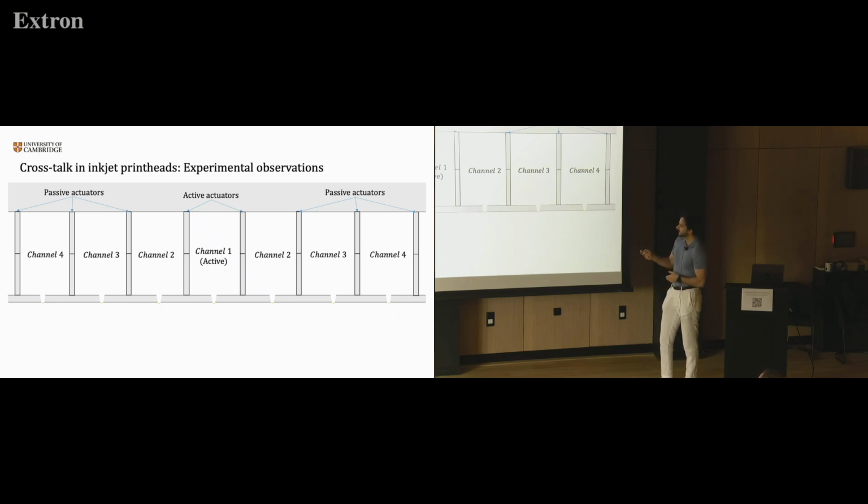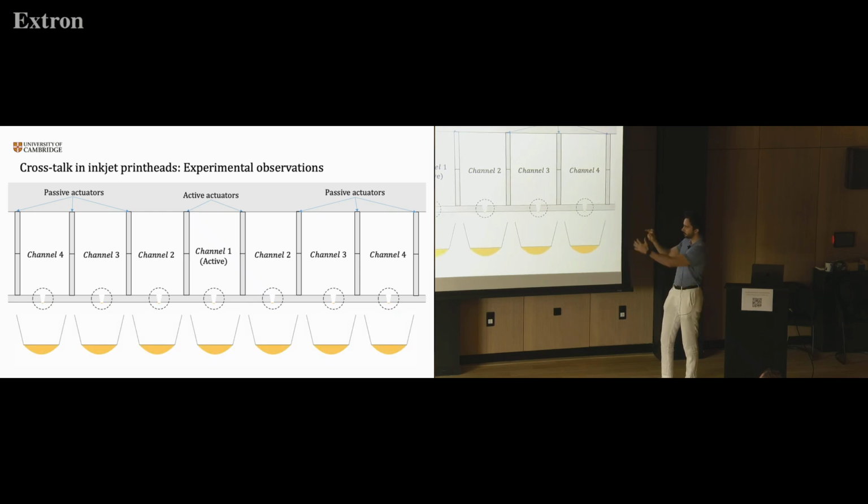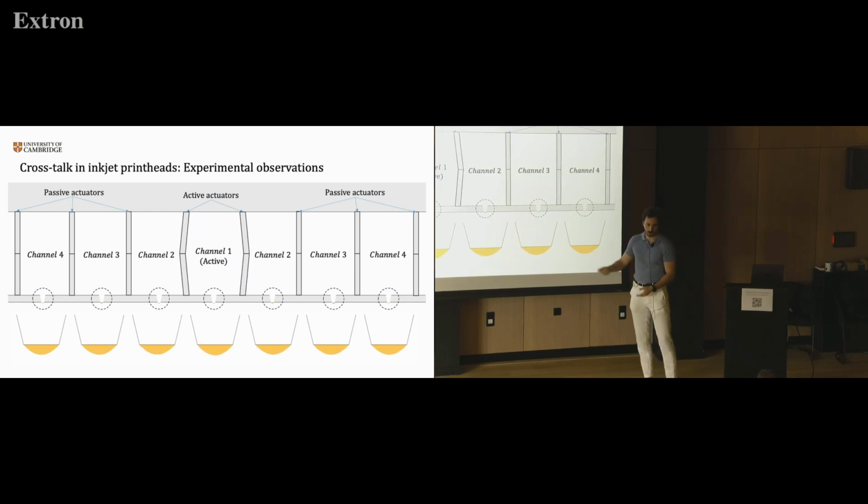So when we activate one of the channels, say channel 1, while remaining the rest inactive, and measuring the motion of the meniscus at the different nozzles, at different positions, we observe that not only the active channel is affected, but also the adjacent ones. So this is the way that a crosstalk manifests. What happens in channel 1 affects channel 2, 3, and so on.